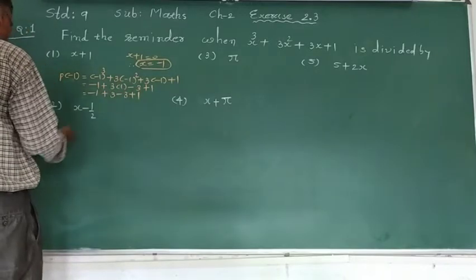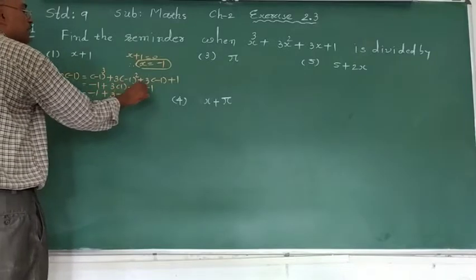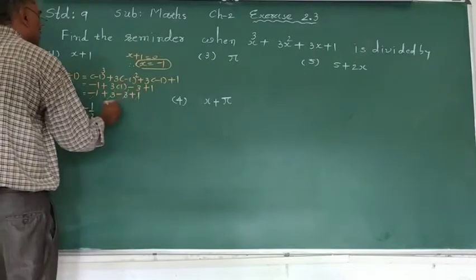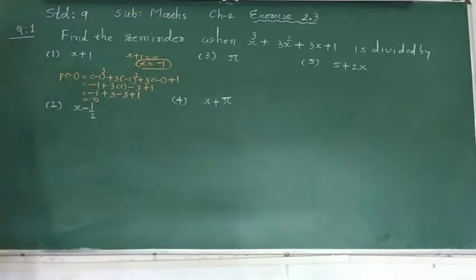So plus 3 and minus 3 will cancel, and plus 1 and minus 1 also will cancel. So we obtain 0.